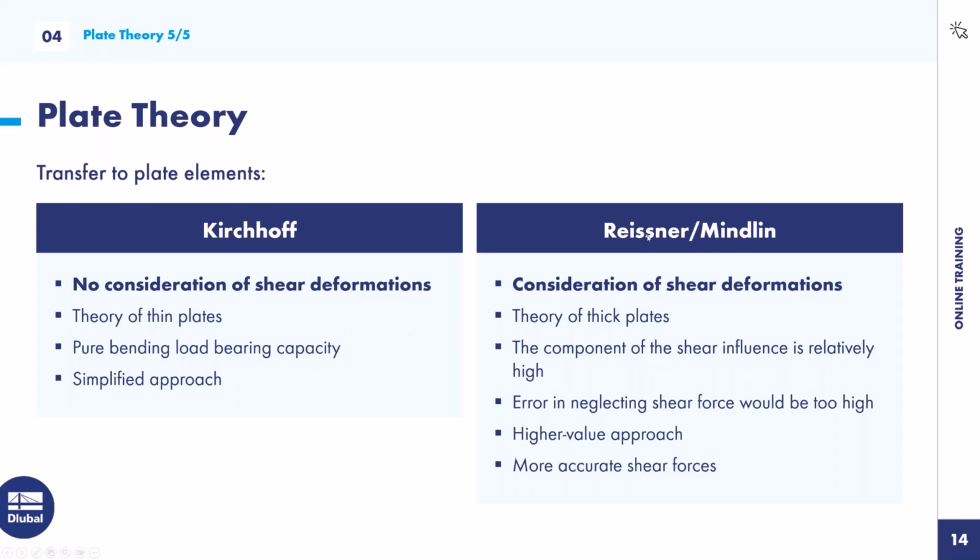The main point is Reissner-Mindlin is more accurate, and it's the theory of thick plates. It can be used for thin plates as well, and in RFEM, you can choose it in the calculation settings, but Reissner-Mindlin is the way to go. Kirchhoff is also good for thin plates, but let's take Reissner-Mindlin.